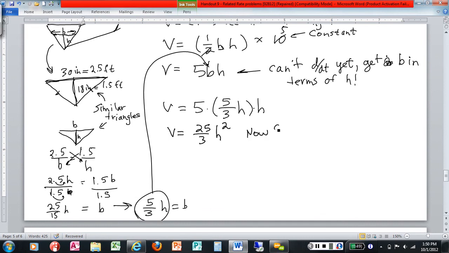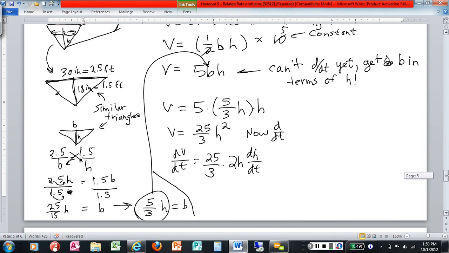Now d/dt both sides. Take the derivative with respect to t. The derivative with respect to t of V would be dV/dt. The derivative of that with respect to t would be 25/3 times d/dt of H squared, which is 2H dH/dt. dV/dt, well, I know that was given, wasn't it?